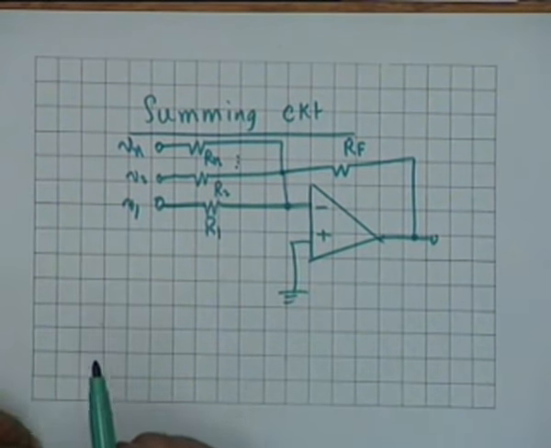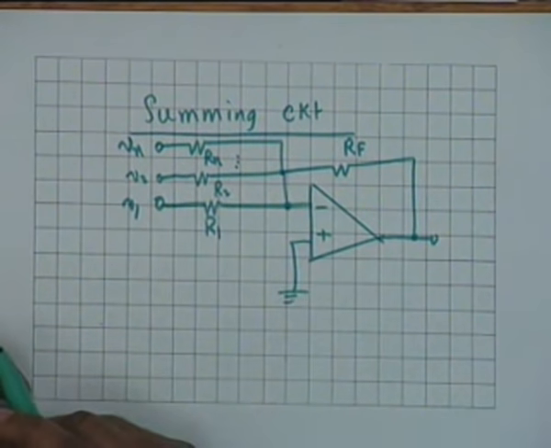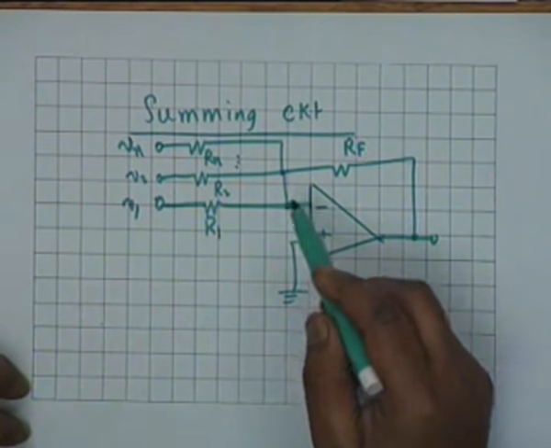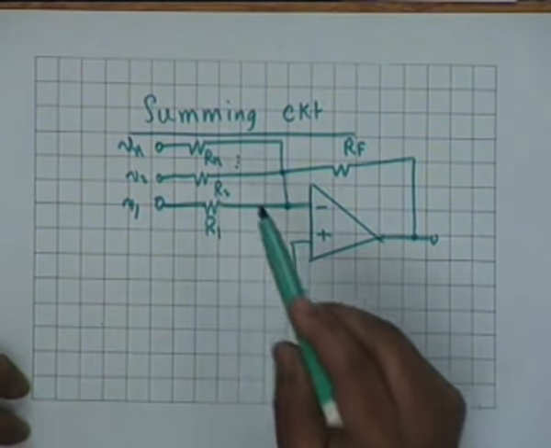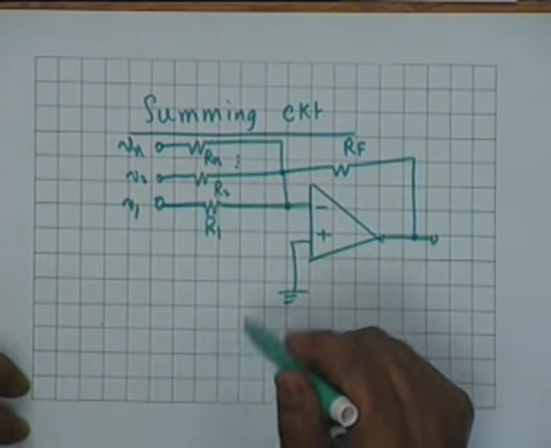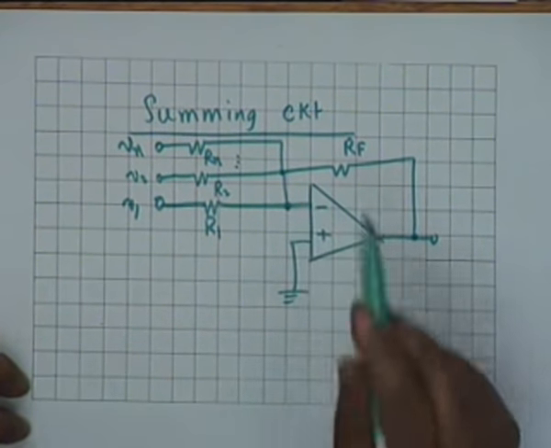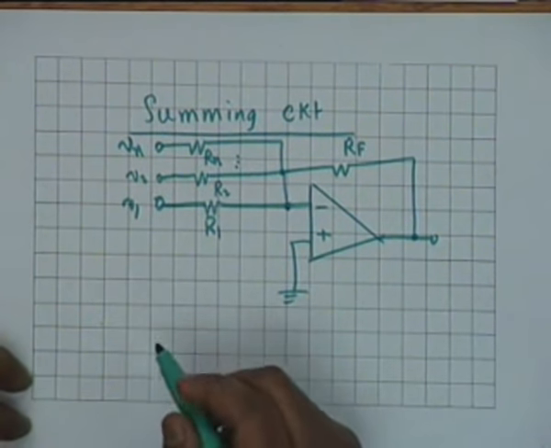Alright. There is a number of voltages V1, V2 up to Vn, n number of voltages connected to the inverting terminal through a series of resistors R1, R2, Rn, and between the output and the input there is a resistance Rf, the feedback resistance.